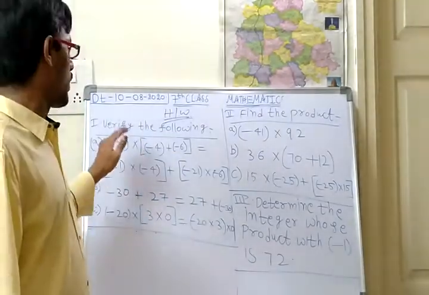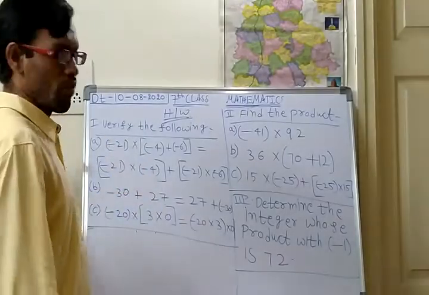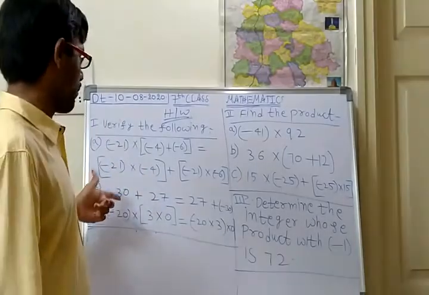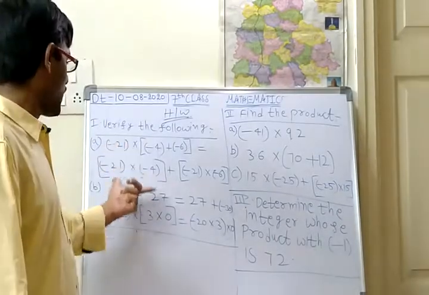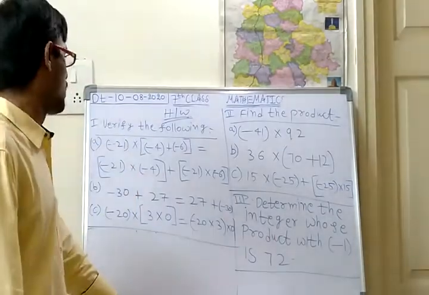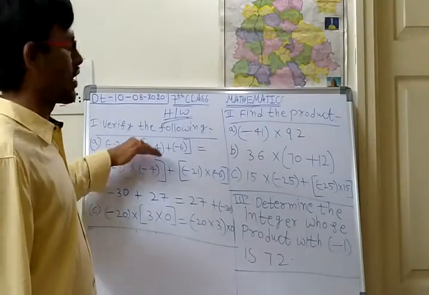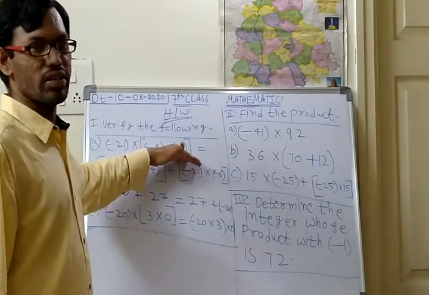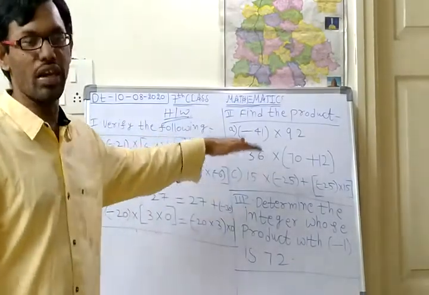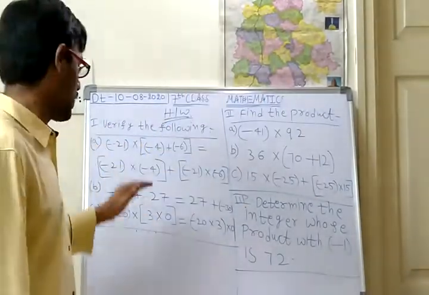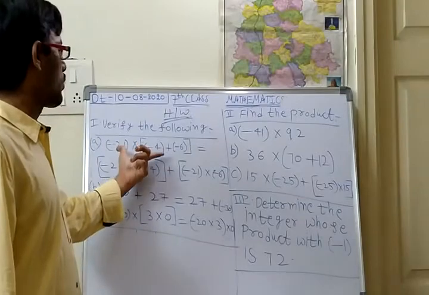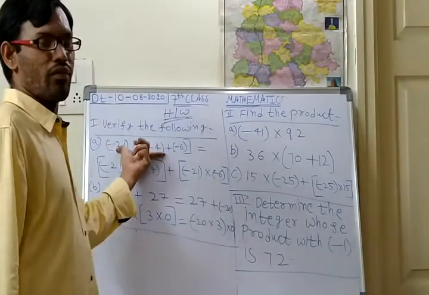So if you are not understanding, once go back to the first bit, how you have to do. So like that you do this bit. So first write down the given statement is so and so property under multiplication, so and so property under addition, like that you write down. Then afterwards you come with the LHS part of the first equation.